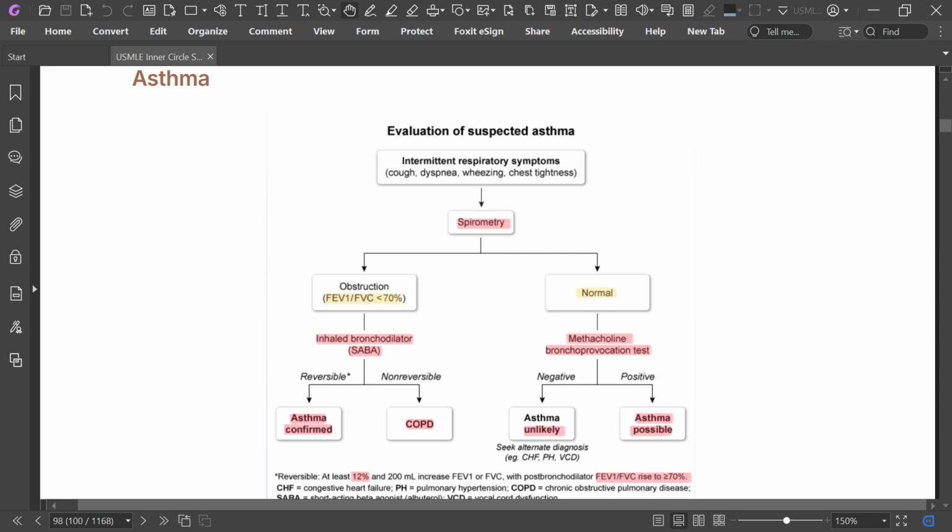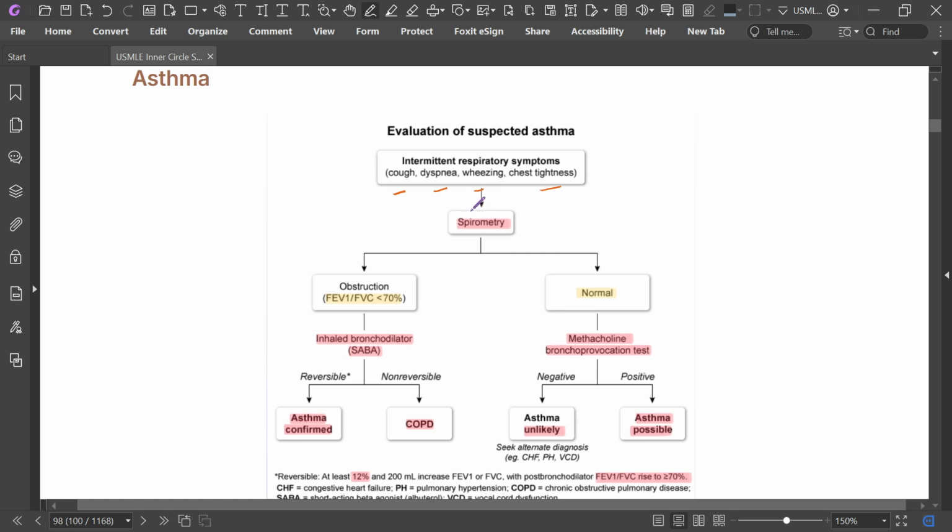How can we evaluate asthma? For evaluation of asthma, look for intermittent respiratory symptoms like cough, dyspnea, wheezing, and chest tightness. If we find these symptoms, then we can do spirometry.